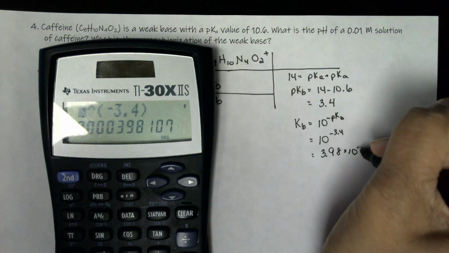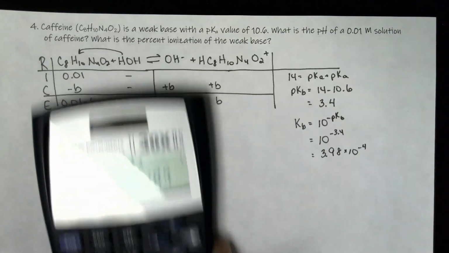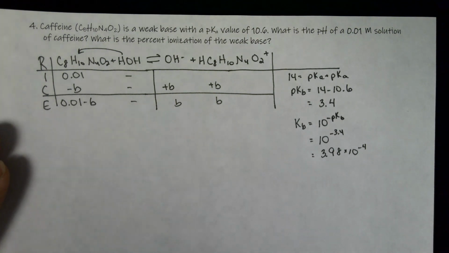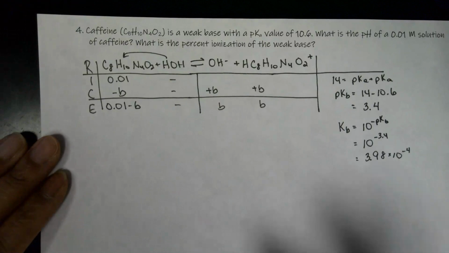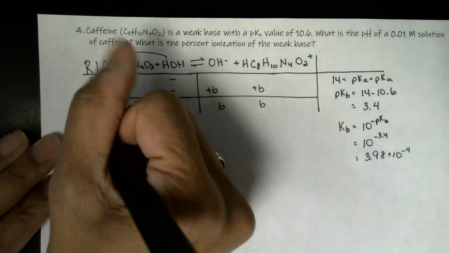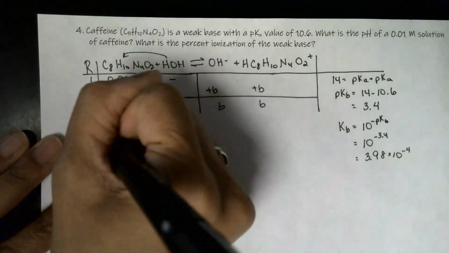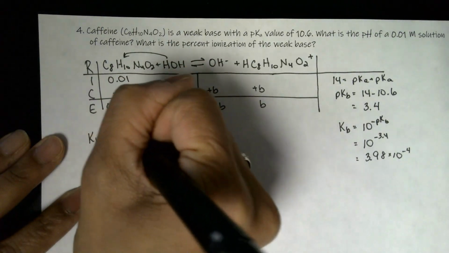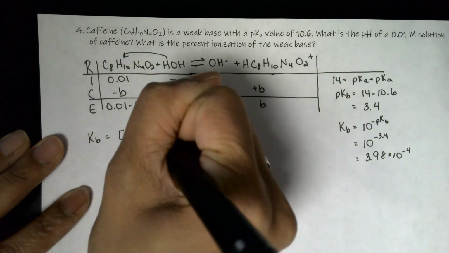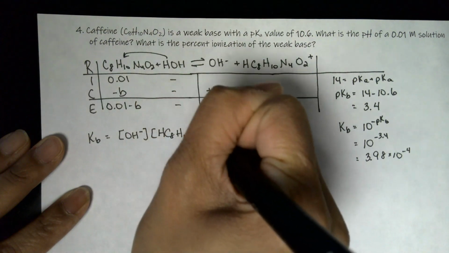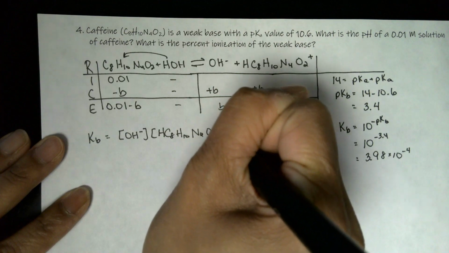That gives 3.98 times 10 to the negative 4. I am really wary of rounding here because I just don't want to get to a spot where I've rounded too much and have an inaccurate answer. Let's see. So I'm going to find my values for each of these B's. Just like we did before, you have your concentration of OH minus times your concentration of HC8H10N4O2 plus.